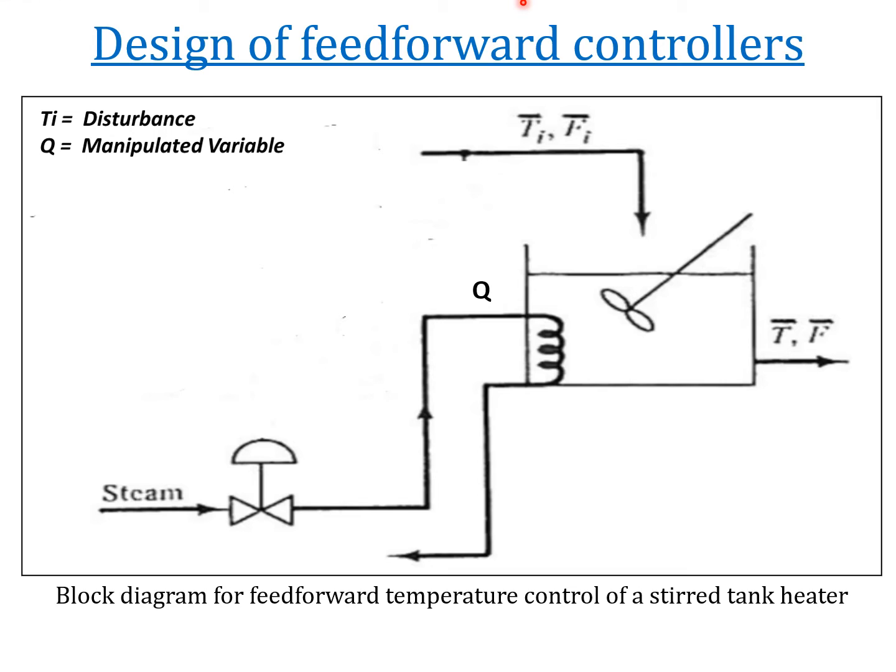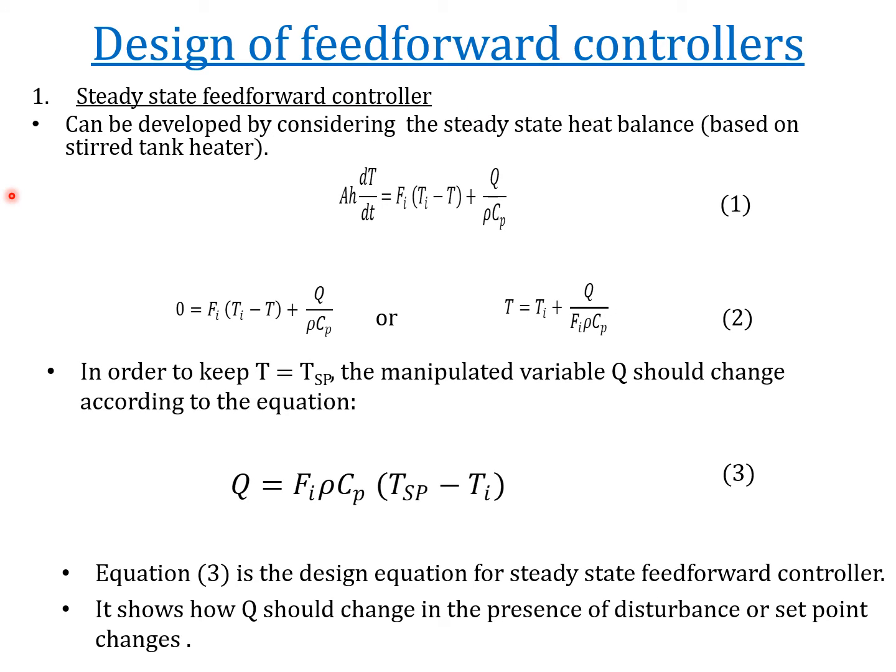So we have to relate the disturbances to the manipulated flow in order to implement it. If we have a steady state for the controller, we have to get the equation in terms of the model equation for the system, but we look at the steady state only to design this feedforward.